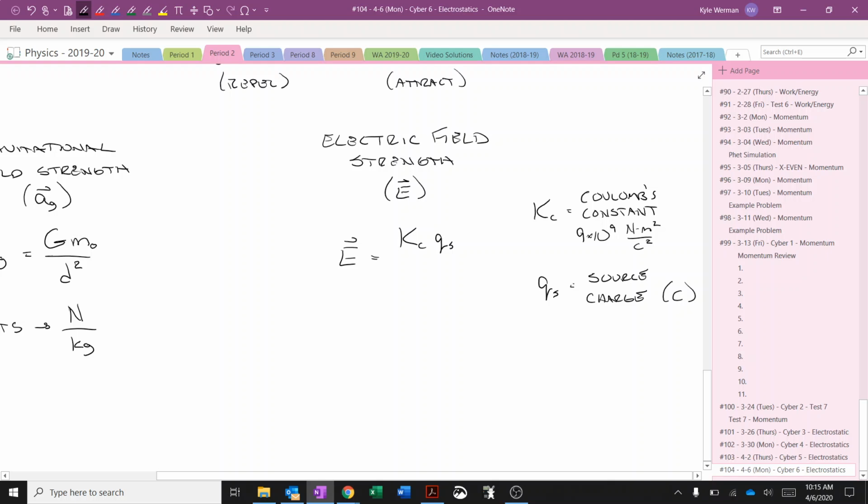And d squared was the distance to the center of the gravitational source. Well, you have d squared as the distance to this charged source, the distance to the source charge.